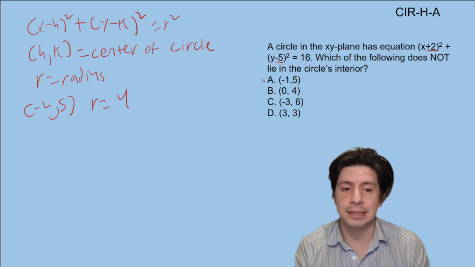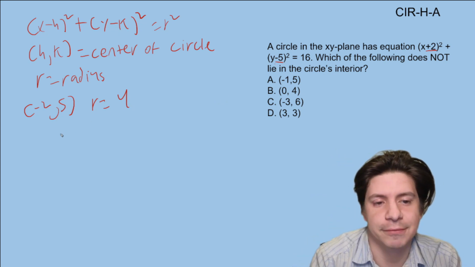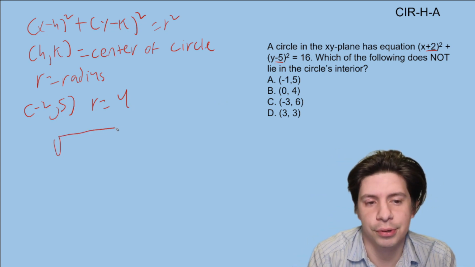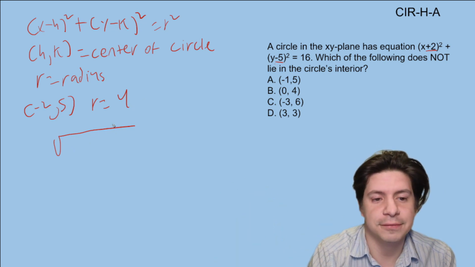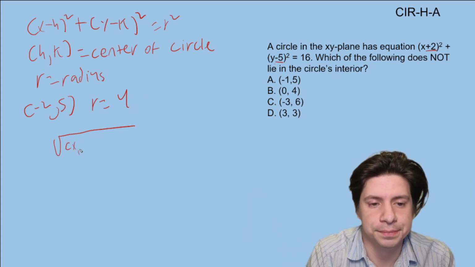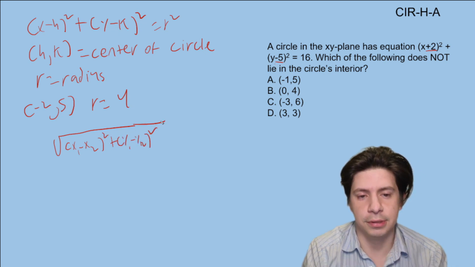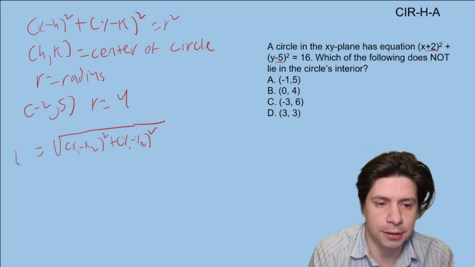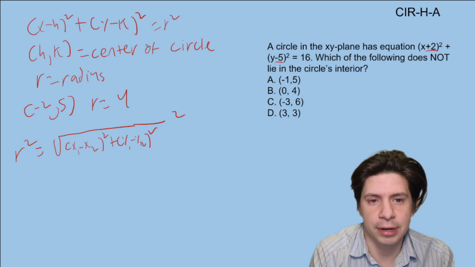So we're going to use the distance formula, but you'll see we don't actually have to find the exact distance. We just need to know the magnitude in a general sense, right? So the distance formula is the square root of (x1 minus x2) squared plus (y1 minus y2) squared. This equals r. So if we square both sides, we're going to get r squared, which is up here, right?